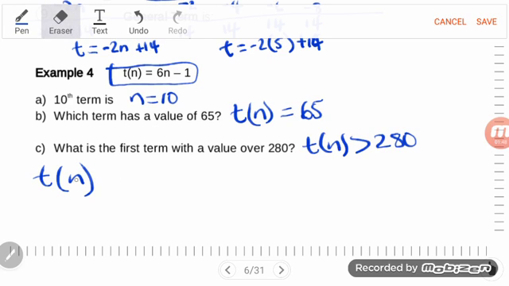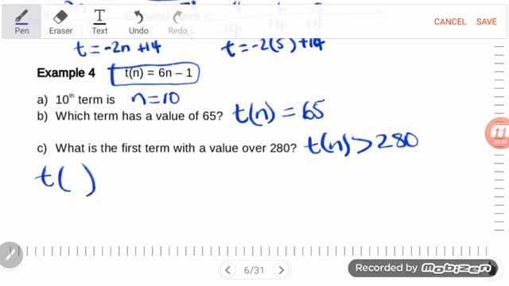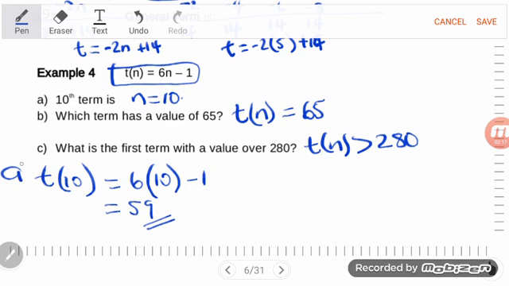So it's actually t10 is equal to, so anytime we see n, we need to replace it with 10. So t of 10 is equal to 6 times 10 minus 1. Okay, that's 59. And that is the answer to your A.